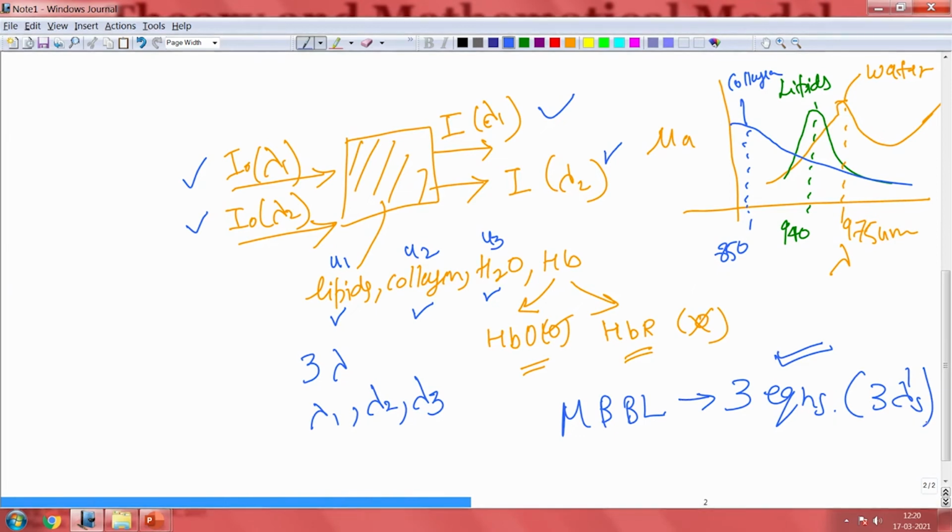So I am now able to calculate the composition of lipid, collagen, and oxygen, water. If I want to quantify 4 constituents, then I need to have 4 different optical wavelengths. In our case, in our lab, we did it with 2 optical wavelengths, that is lipid and collagen only. So, we operated at 2 wavelengths.